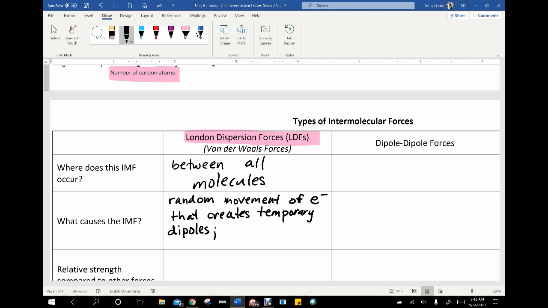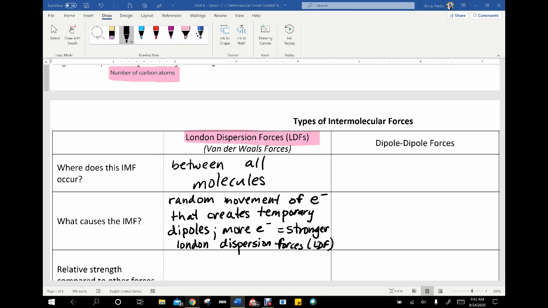And what we're going to find is that the more electrons a molecule has, the stronger the London dispersion forces. You'll sometimes see those abbreviated LDF.